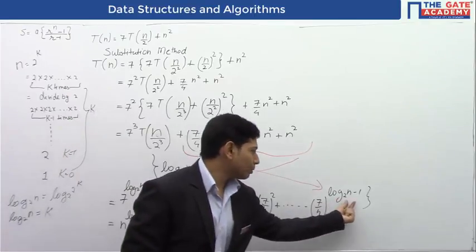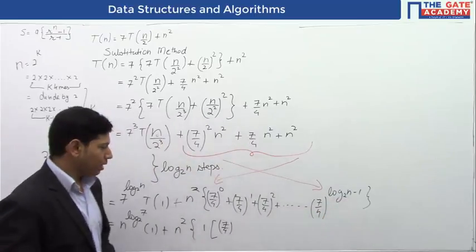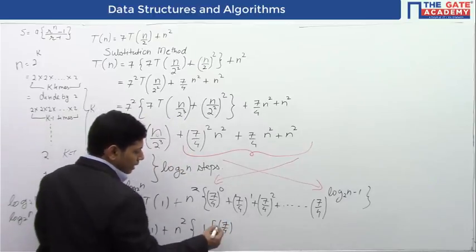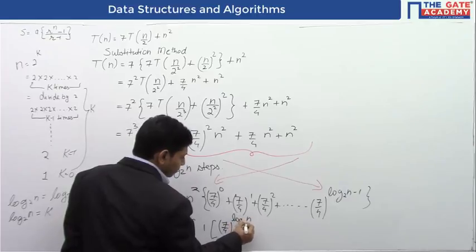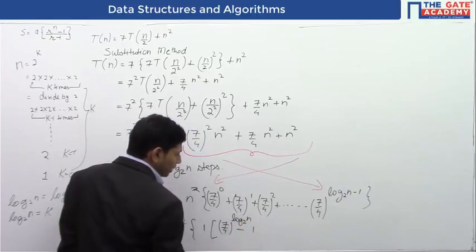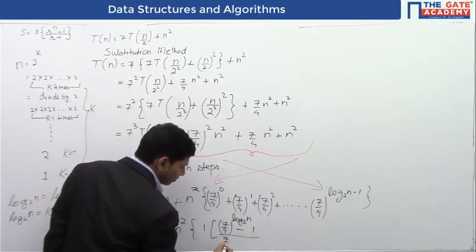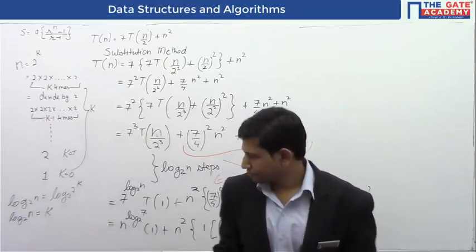So log n base 2 minus 1 plus 1 is log n base 2. So the total number of terms in this series will be log n base 2. R raised to power n minus 1 upon R minus 1.